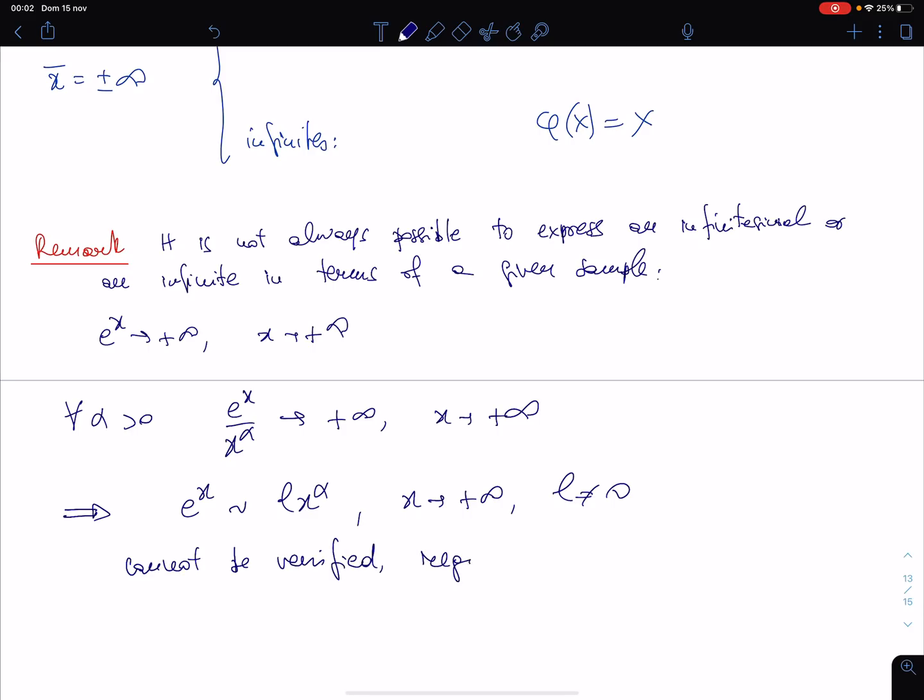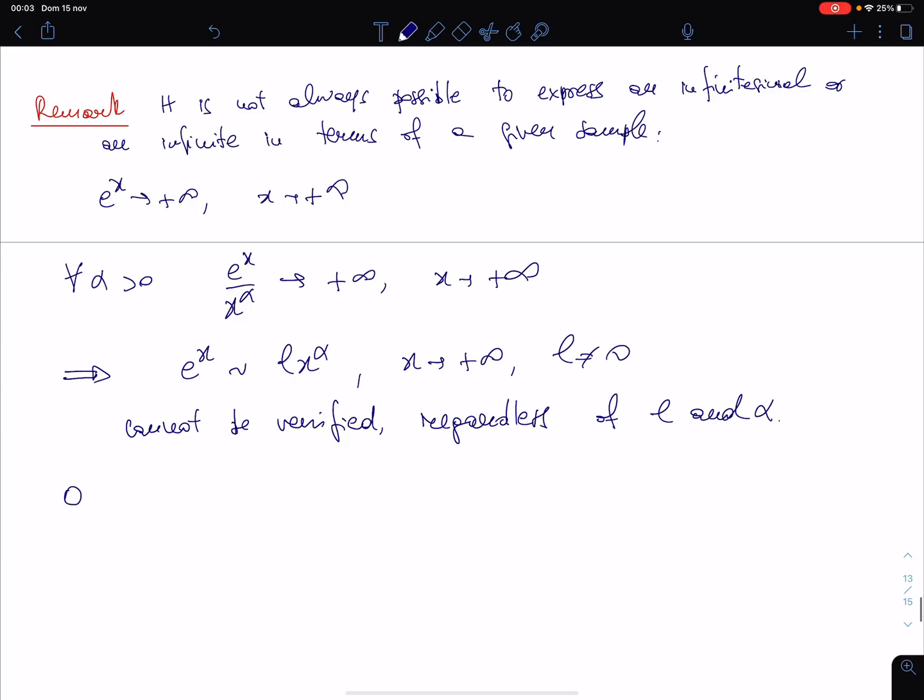Regardless of the two quantities, L and alpha. Because otherwise, one would have e to the x divided by x to the alpha tends to L as x goes to x bar, which is absurd.